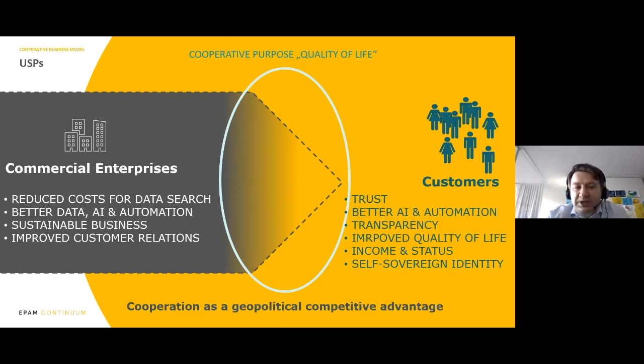Because the data is simply better, and better data, the market has shown, always beats any artificial intelligence being placed. You have then on the customer side a higher transparency: who is using my data, for what purpose, for how long. You have improved quality of life because I get better services that target my needs much better.